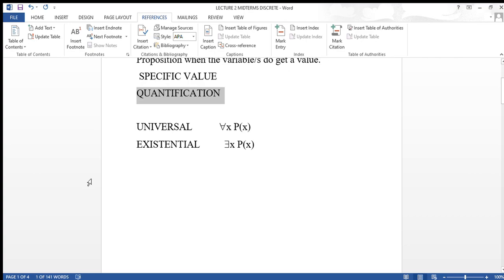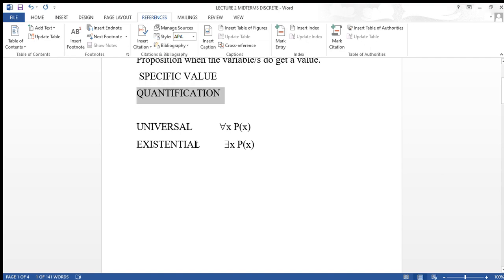For the universal quantification, we use the symbol, the inverted letter A. This is read as for all x, P(x), which is the functional notation of our function. We use a capital letter and the variable involved. If there are more variables involved, we just add the variables after the first variable, separated by commas.